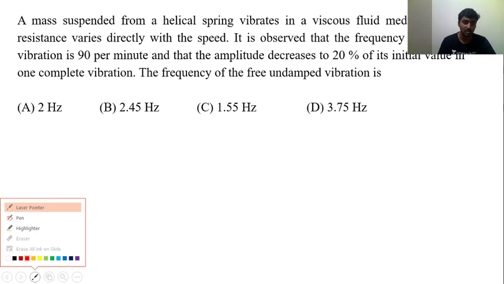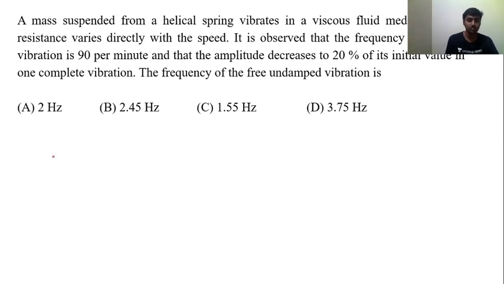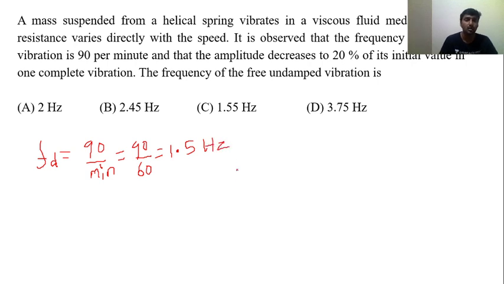So here fd is equal to 90 per minute, which is 90 divided by 60 seconds, equal to 1.5 Hz. The amplitude decreases to 20% of the initial value at one complete revolution.